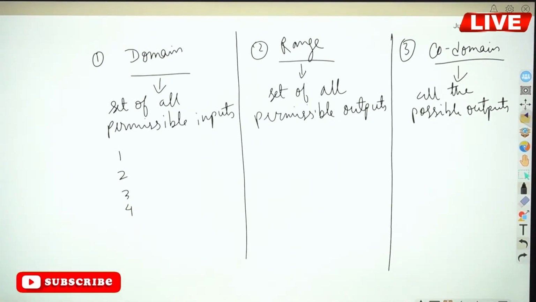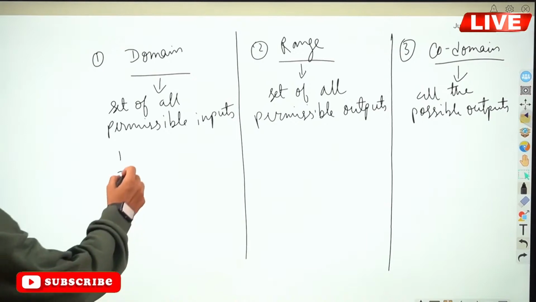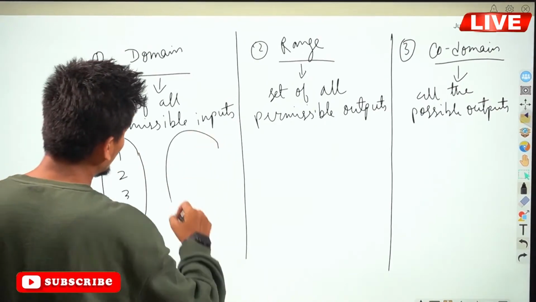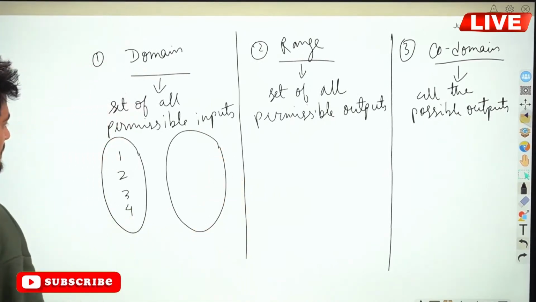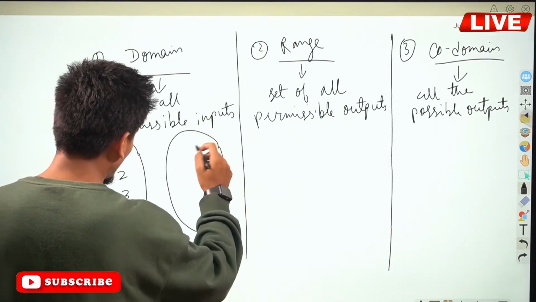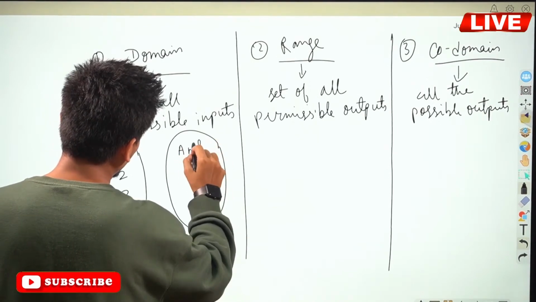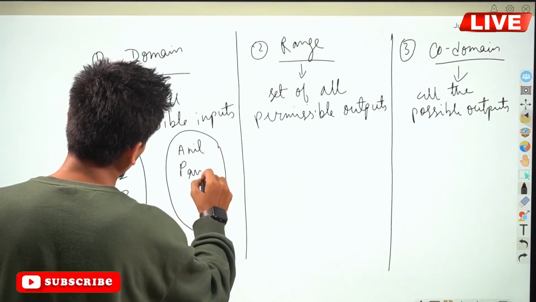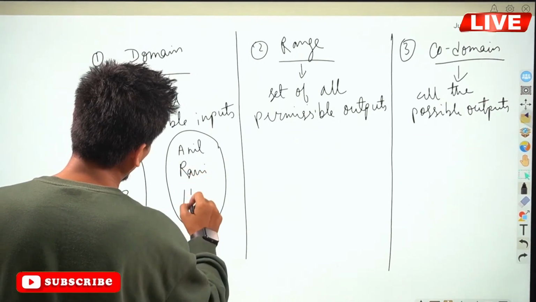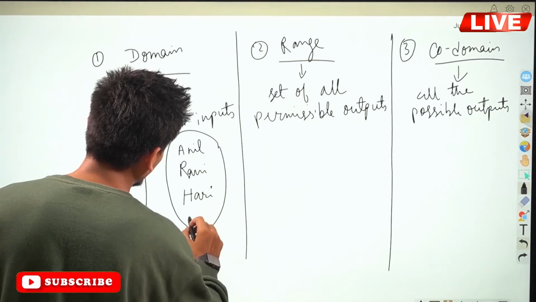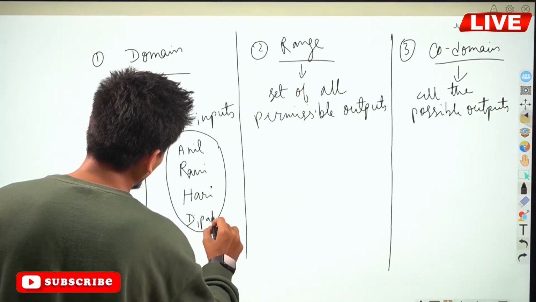Okay, 1, 2, 3, and we have, say for example, Anil, Ravi, Hari, and okay.